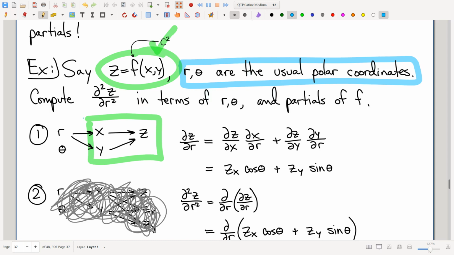So we have a composition here. The idea of taking some expression of x and y and reconceiving of it in terms of r and theta makes a composition. So the question is how to compute the second partial of z with respect to r.